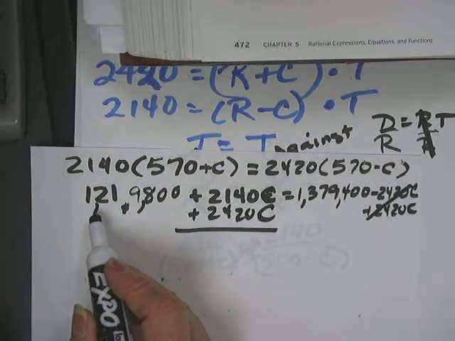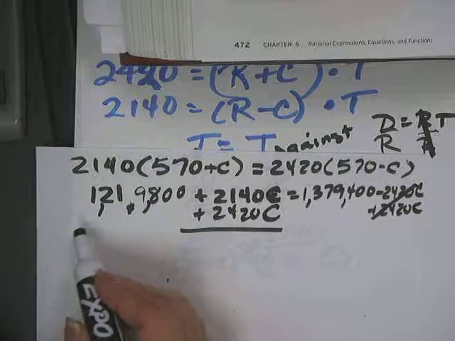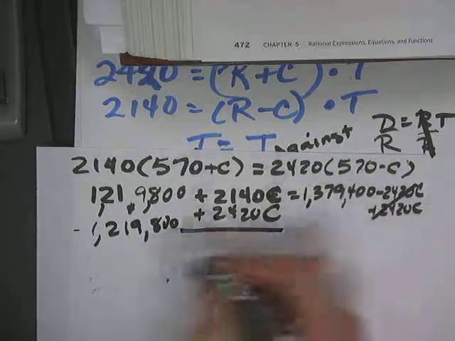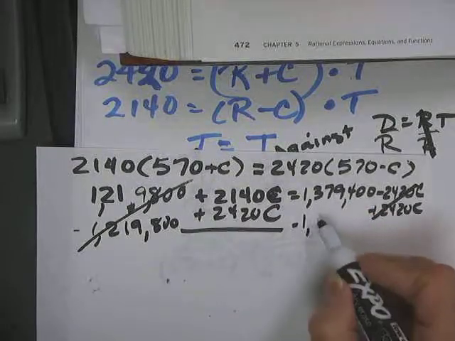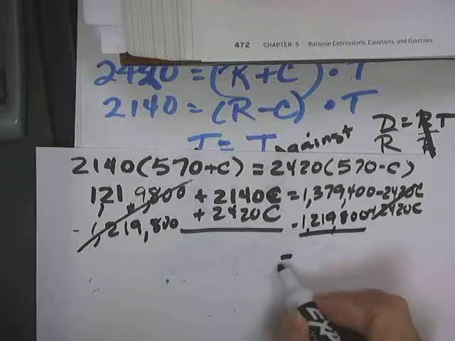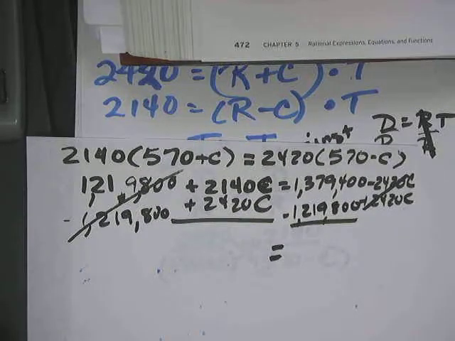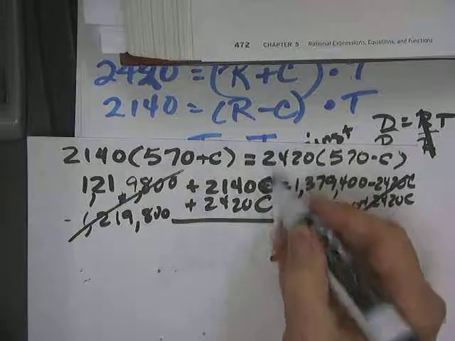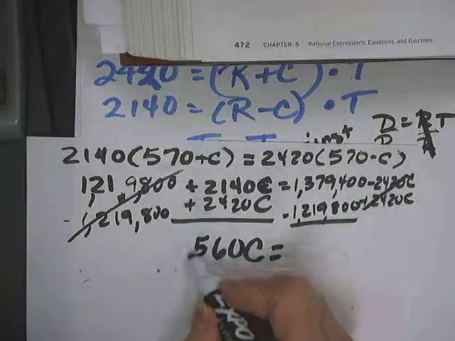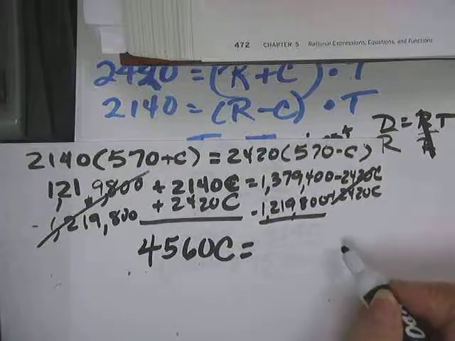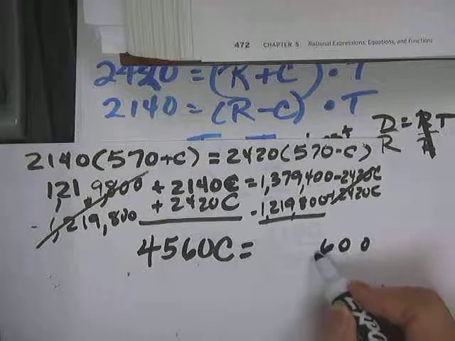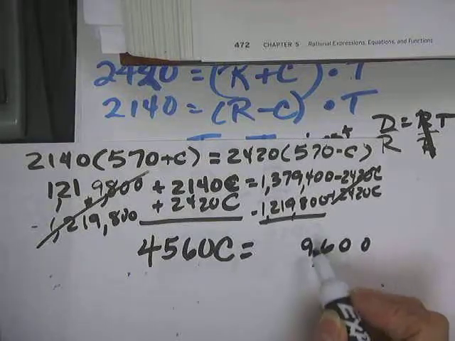Okay. What side do we want to put C on? Do we want to add this or subtract that? We want to add this, right? That way we have two positives. Plus 2420C. Okay, we're taking that over here, so at the same time, why don't we take this to the other side? Subtract 1,219,800, so that'll go away.